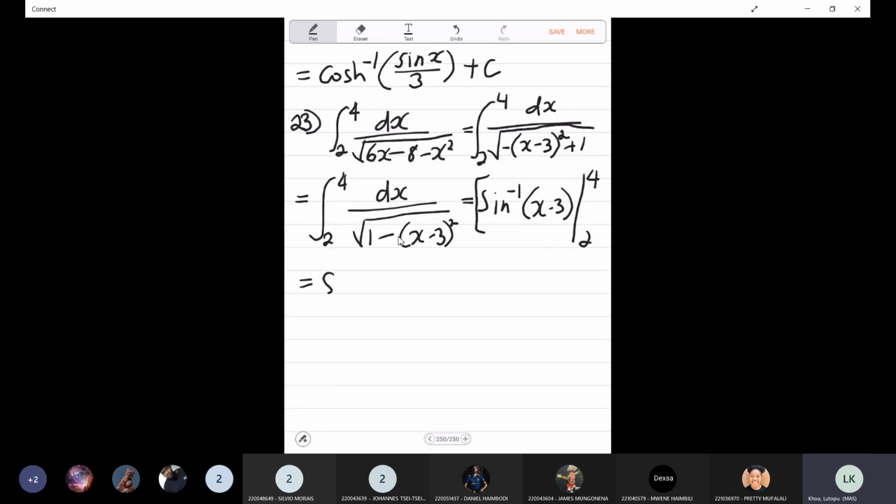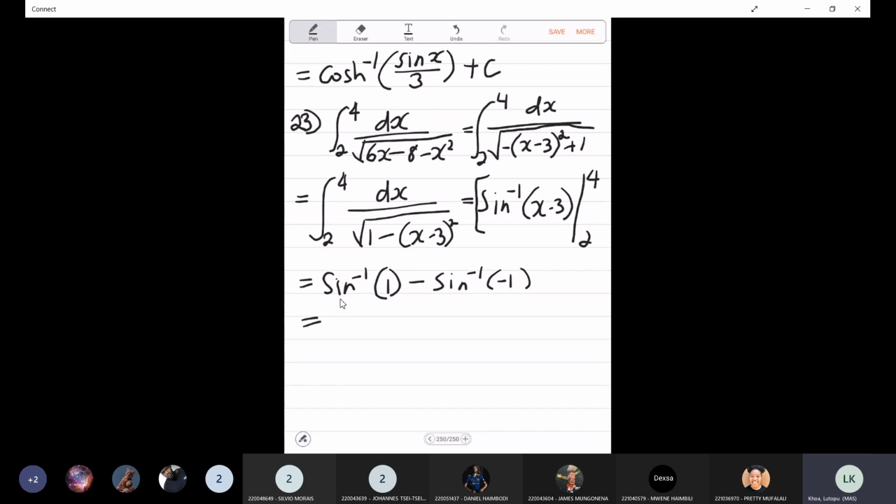So this is sine inverse of 4 minus 3, which is 1. Then minus sine inverse of 2 minus 3, which is minus 1. Okay, so here sine inverse of 1 is 90 degrees, or pi over 2 radians rather.